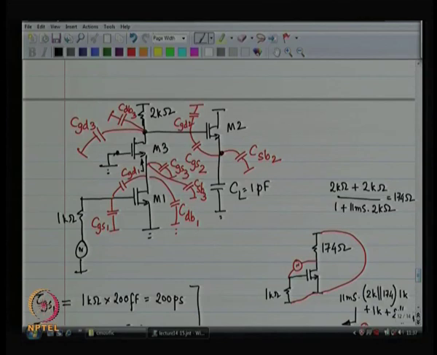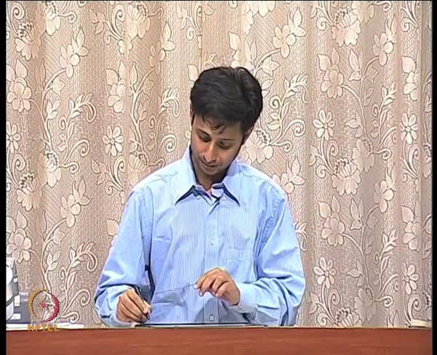So over here, if you look at that point, apply a voltage across source to body, what do you see? You are going to see the resistance presented by the source of M2, right? And the drain of M2 is connected to ground, not even to any resistor.